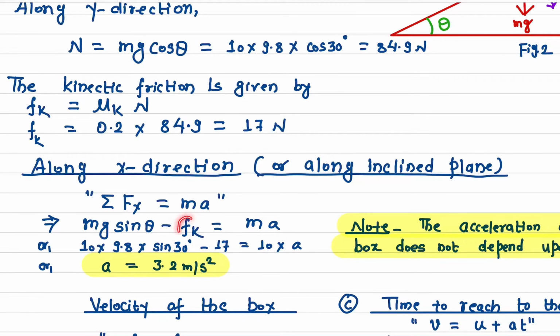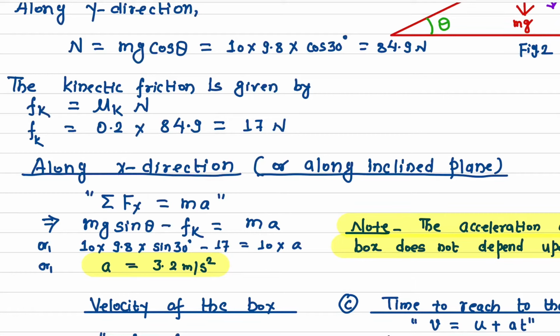We already have calculated Fk here, which is 17 Newton. Or you can just plug in this value here. Fk would be mu times mg cosine theta. Why am I telling you this? Because the masses will cancel out. So the thing to remember is this acceleration does not depend upon the mass.